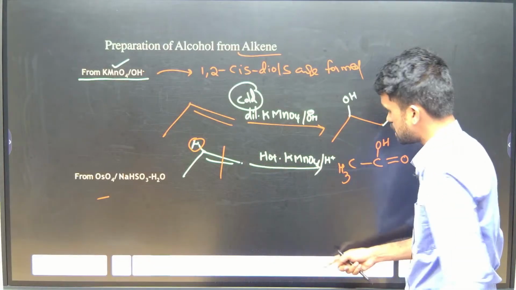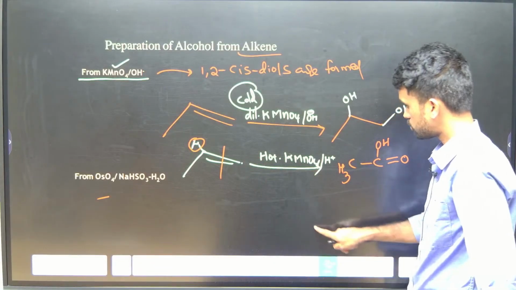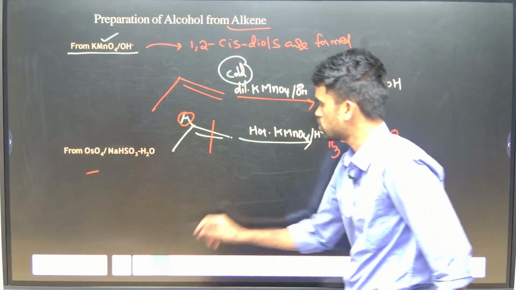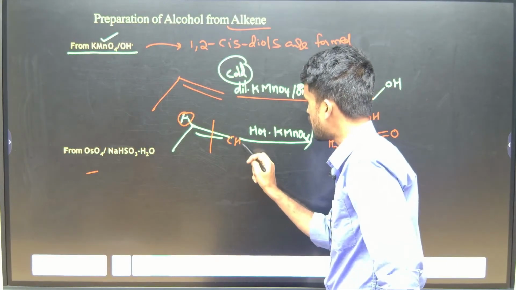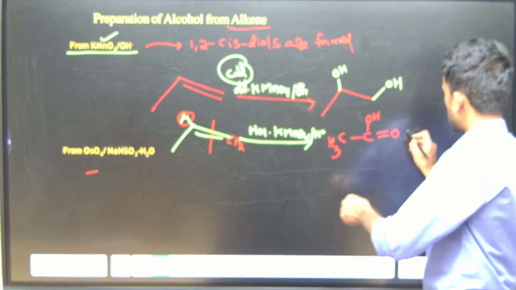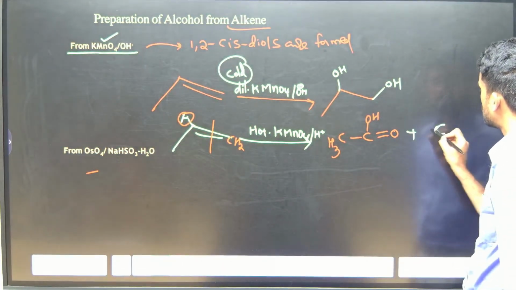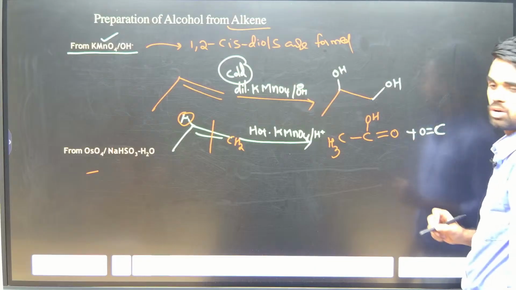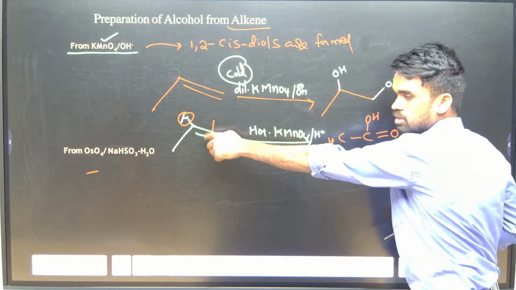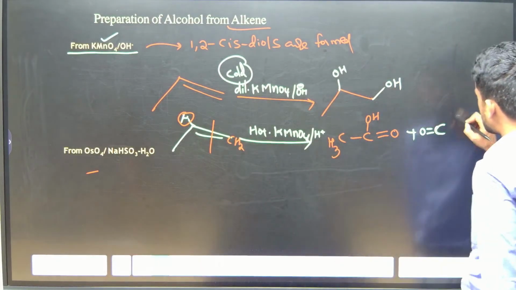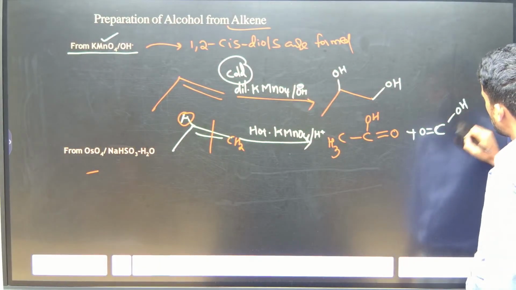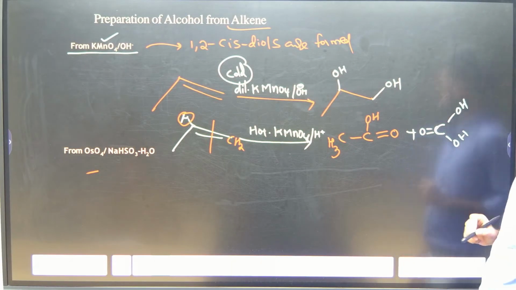Then what about this side? This side you have a CH2 unit, right? Now what happens to this unit? See, this side the double bond is breaking, so what to insert? This side hydrogens are there, and hydrogen should be written as OH, like this.